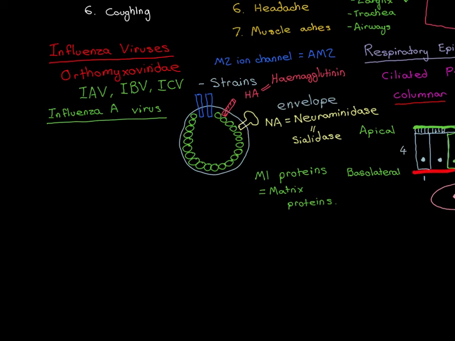Okay, so underneath the envelope then we have this M1 shell that holds the membrane up. And overall, this shell, even though my picture does not suggest it, consists of around 5,000 M1 proteins. So I might just actually write that down here.